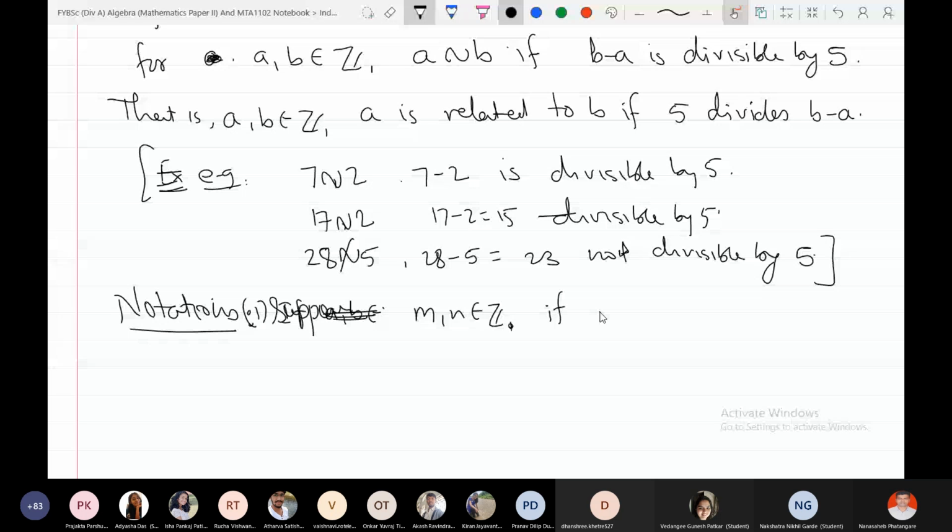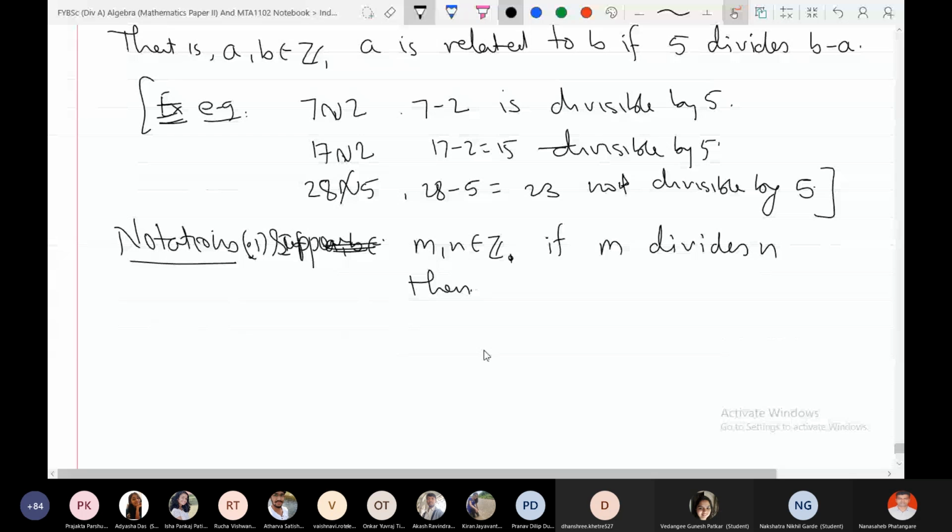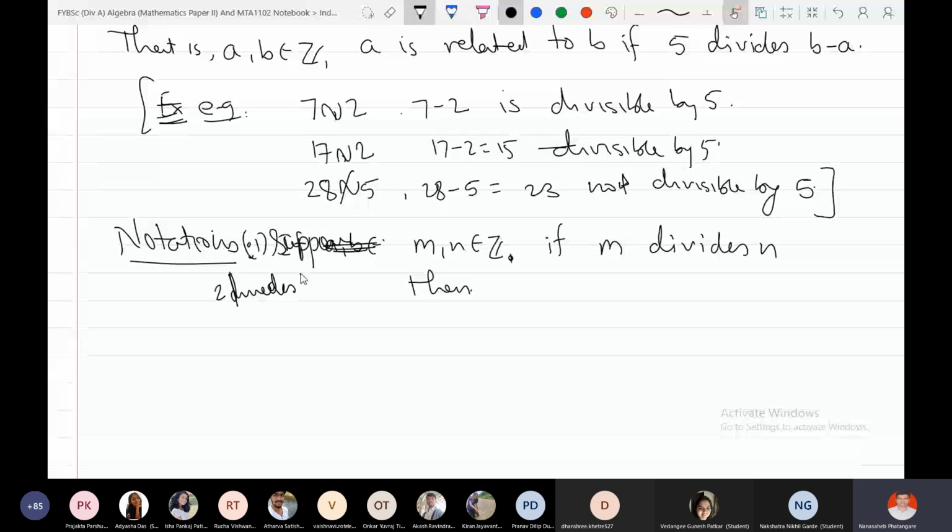If m divides n, then what is the meaning of m divides n? See, for example, 2 divides 6. What does it mean? 2 is a factor of 6. That means 6 is 2 times 3.